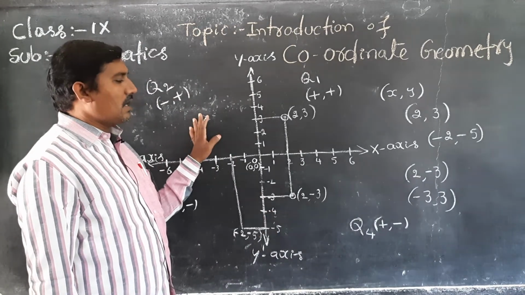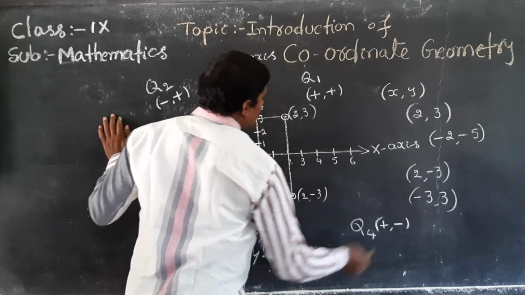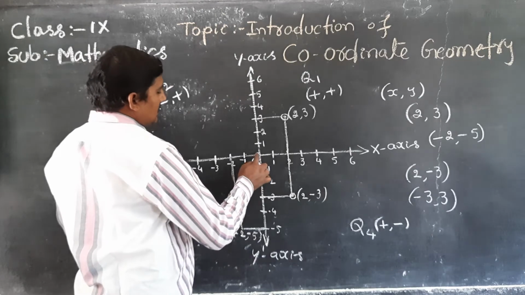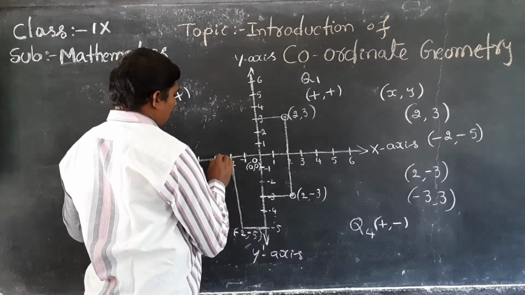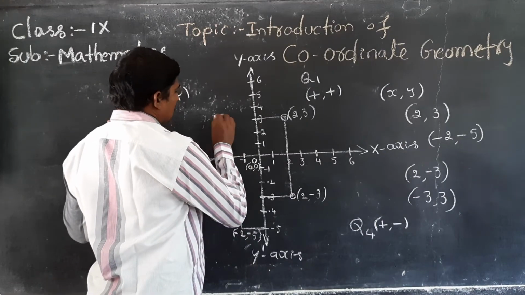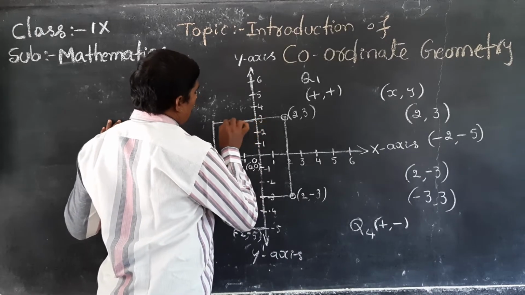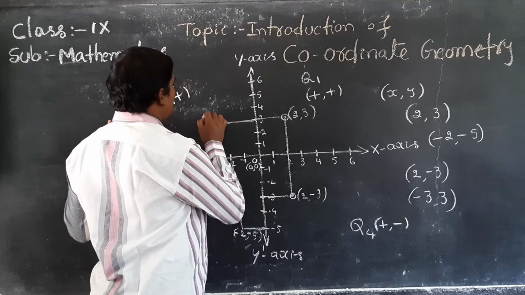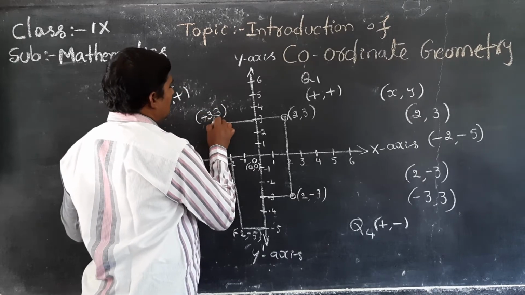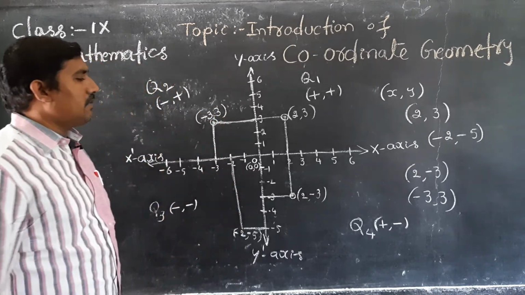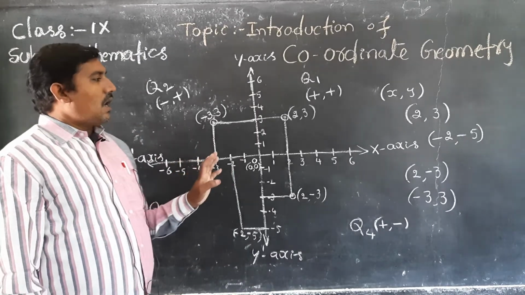So for minus comma plus, on the x-axis minus 3, on the y-axis 3. This point is located at minus 3 comma 3. Just for understanding we told this. Okay, these are all what we told.